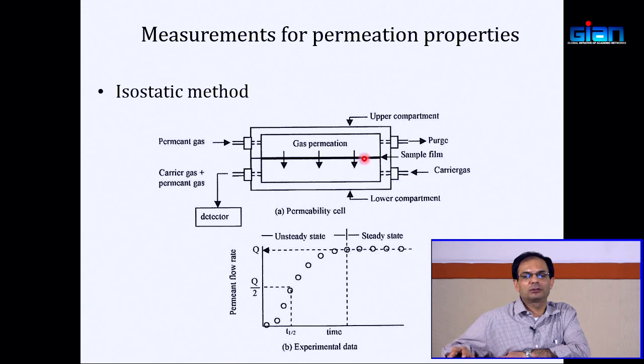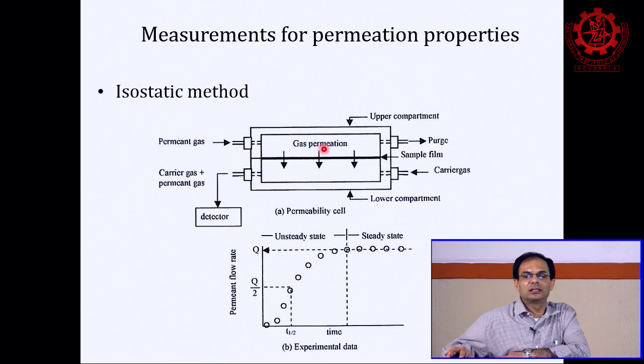It could be nitrogen. So for example, oxygen is coming through this, and here if you are purging with nitrogen, you would have almost no partial pressure of oxygen. Okay, so you have a very low partial pressure because you are always purging with the carrier gas. As the carrier gas is flowing, it is picking up oxygen because of the low partial pressure.